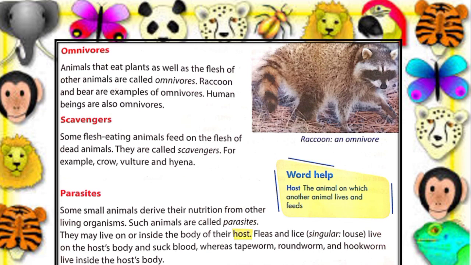So we can say that some small animals derive their nutrition from other living organisms and are called parasites, and they may live on or inside the body of their host.